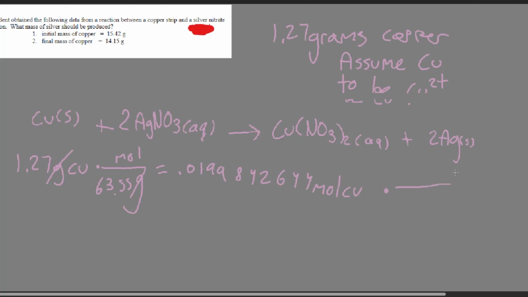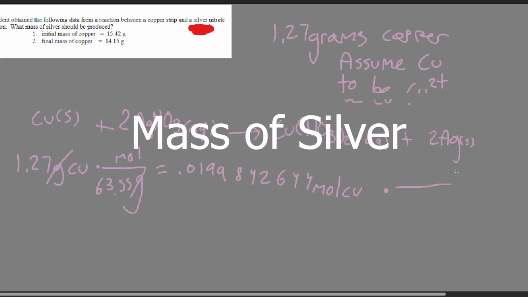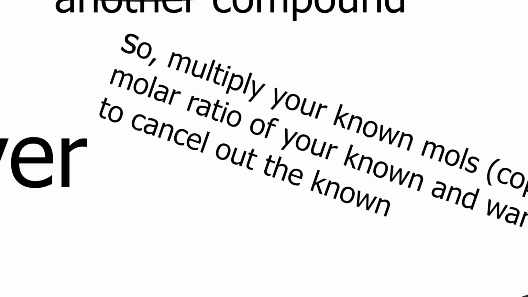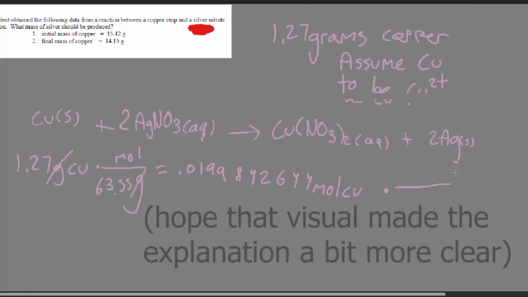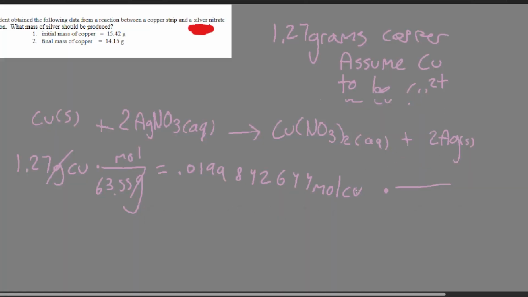So yeah, now we're trying to get the mass of the silver that was produced. To get the mass of silver that was produced, we gotta get the moles of silver that was produced, and we have the moles of something else, so we can use the molar ratio to get the moles of what we want. So, what we're trying to cancel out is moles of copper. Because this coefficient is 1. Remember, if you don't see a coefficient, assume it's 1. Cu, cancel. 2 mole of Ag does not cancel.